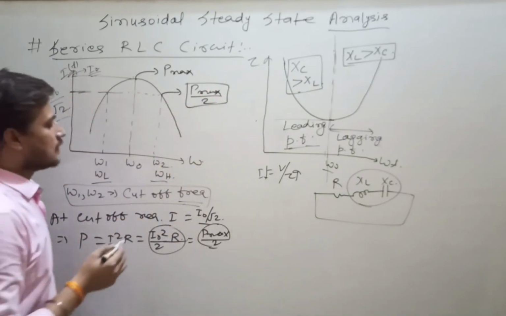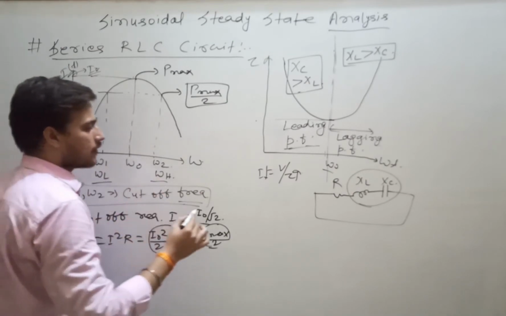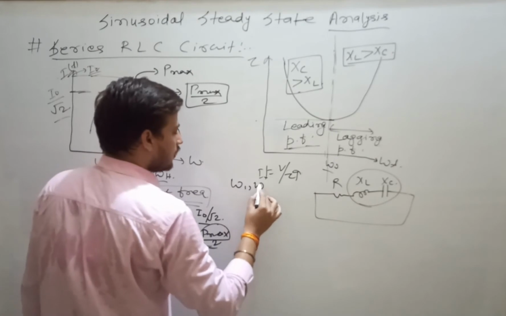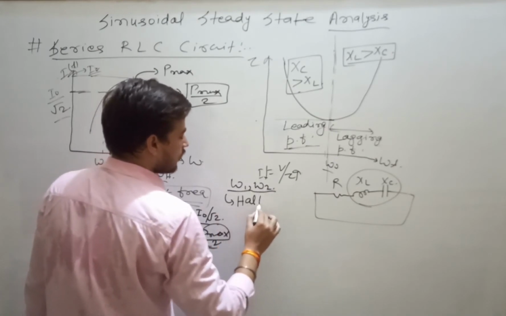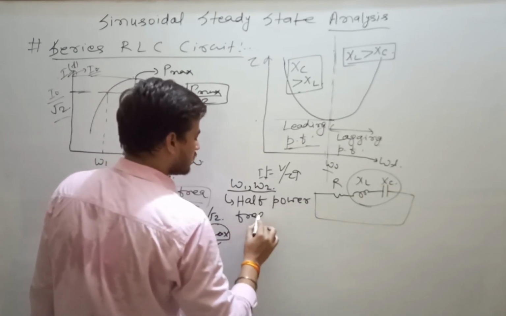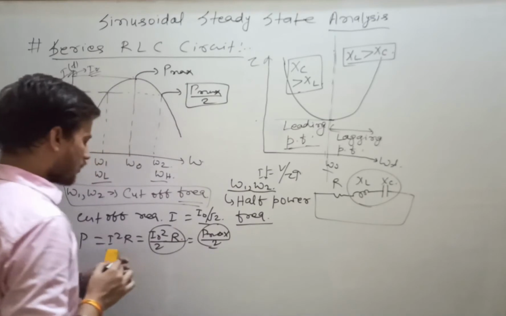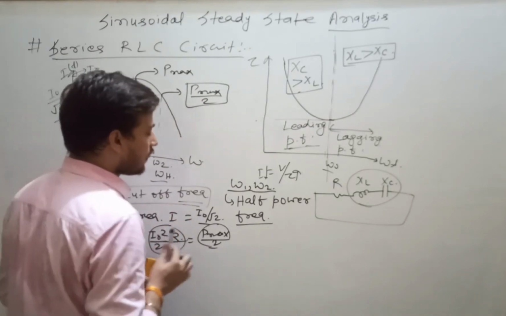That means these cutoff frequencies, omega 1 and omega 2, are also called half power frequencies. Its another name you will see in the book.